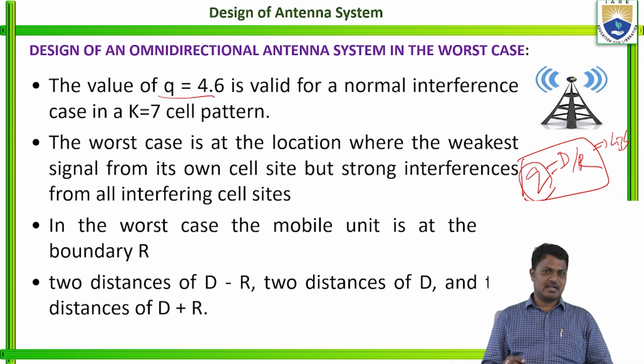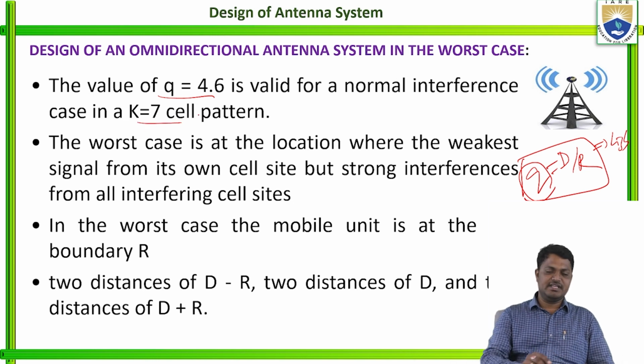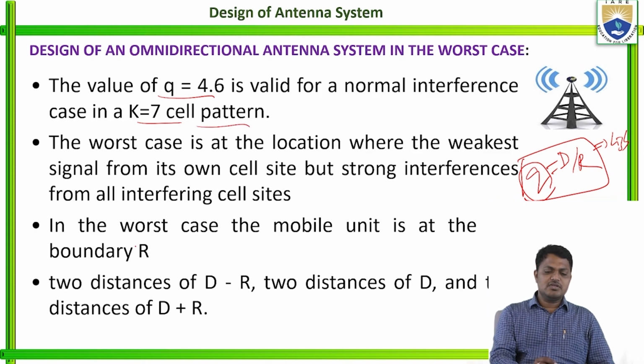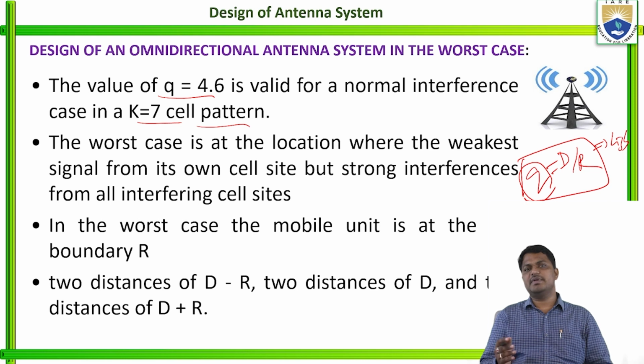The antenna pattern also we have to consider here, where the number of cells is 7. The value of Q equal to 4.6 is valid for normal interference, with K equal to 7 cell pattern. The worst case is at the location where the weakest signal comes from its own base station, but there is strong interference from all the interfering cell sites.